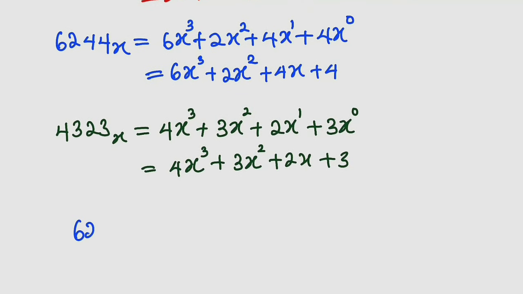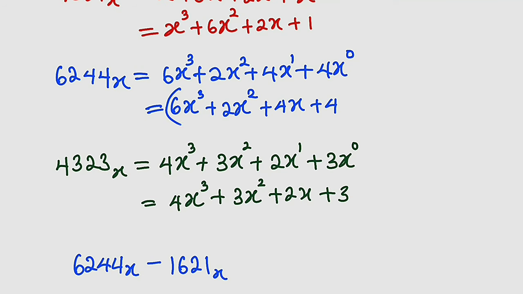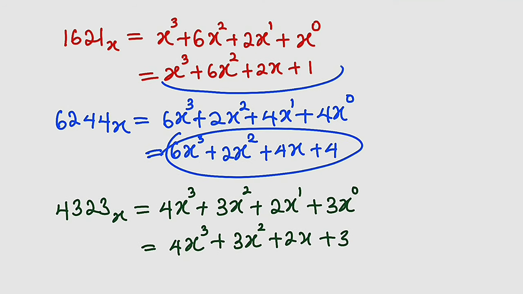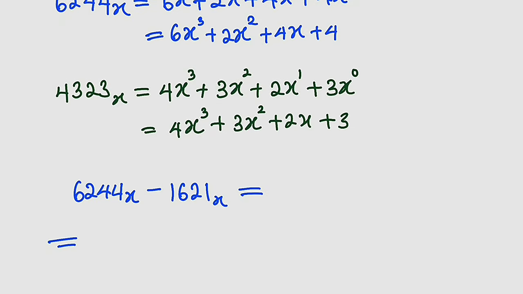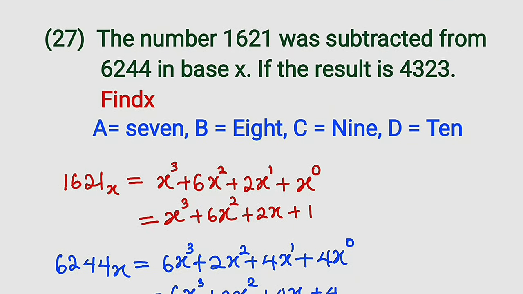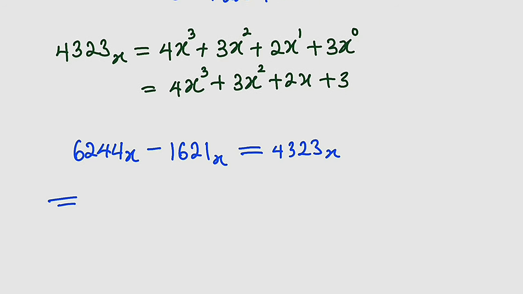So 6244 in base x minus 1621 in base x will be equal to what? The result is equal to 4323, so let me just write it here, 4323 in base x.